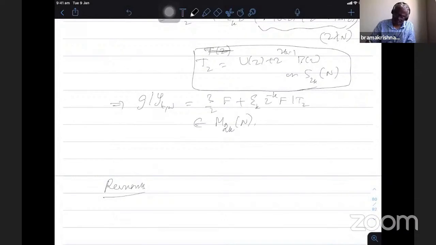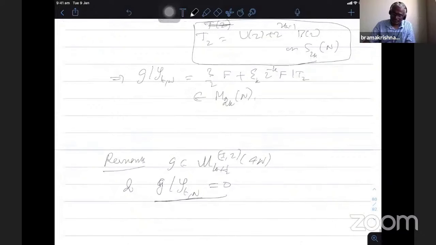So G in the script space, not in the new forms. Then if G bar STN is 0, suppose, we are mapping property, you are saying, suppose G also annihilates the functions that ST annihilates, this cannot happen.